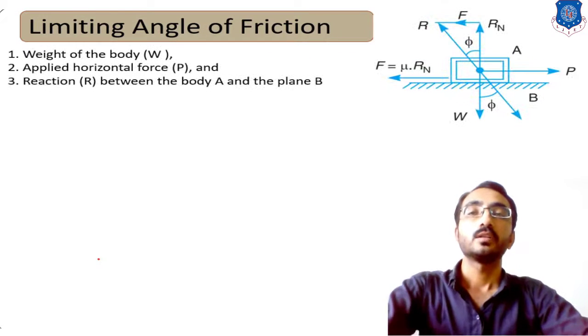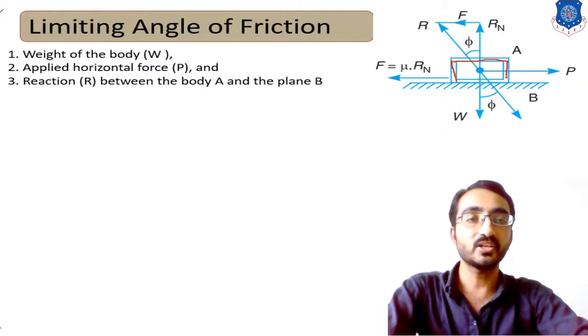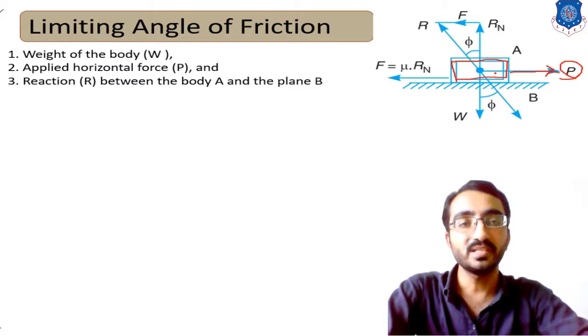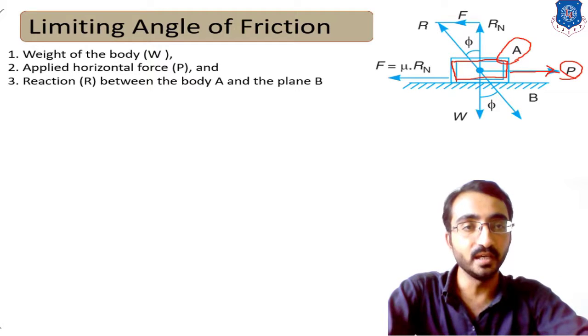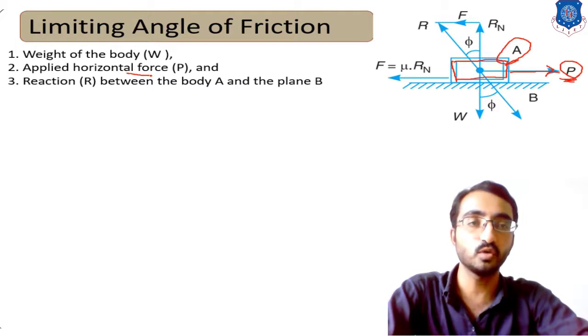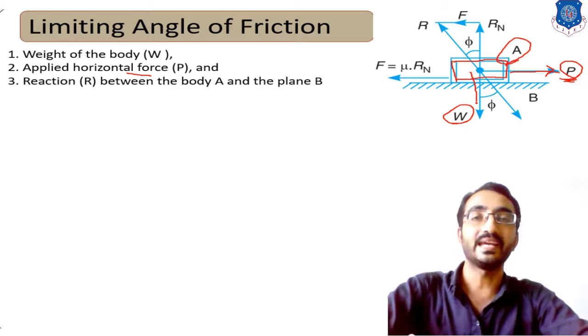The basic fundamental is a body moving in a particular, horizontal direction due to an external force P. Let's consider a body A, which is subjected to external force P. P is the external applied horizontal force and W is the weight of the body, which always acts in the downward direction.